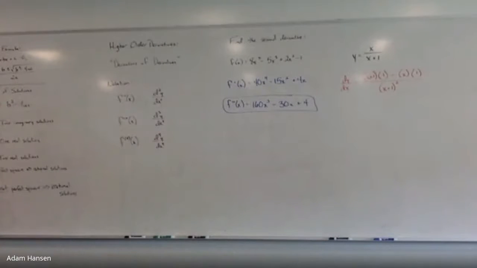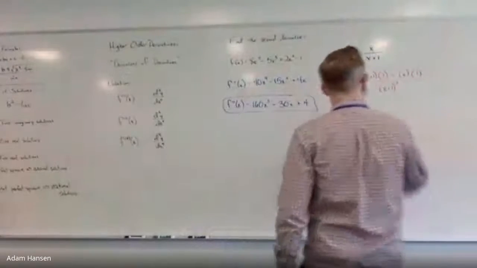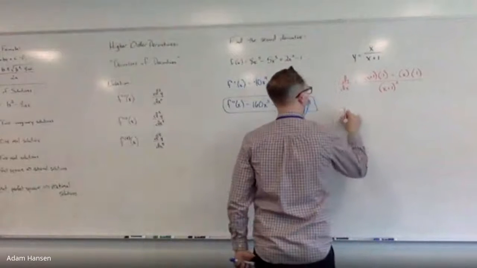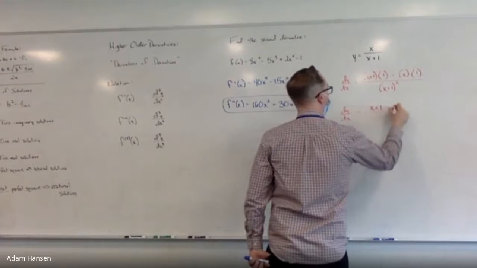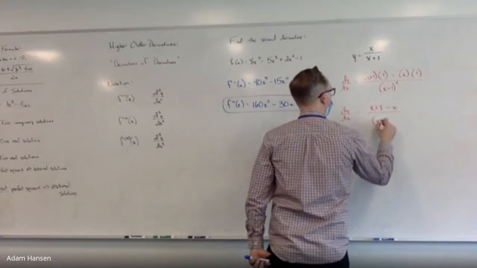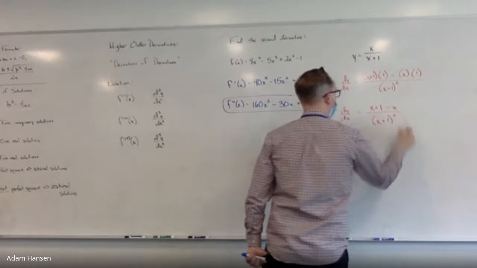I have to build the first derivative before I can get to the second derivative. This would just be multiplying x plus 1 times 1 and x times 1, so that's going to be x plus 1 minus x over quantity x plus 1 squared.